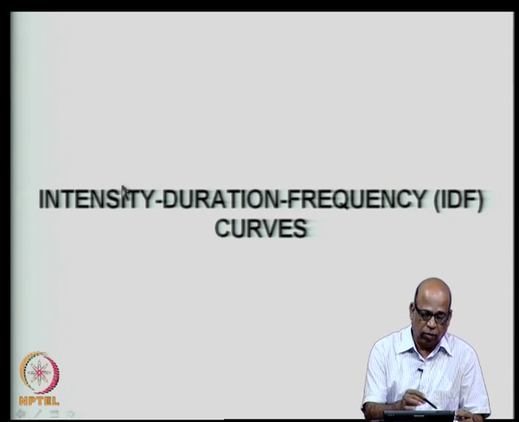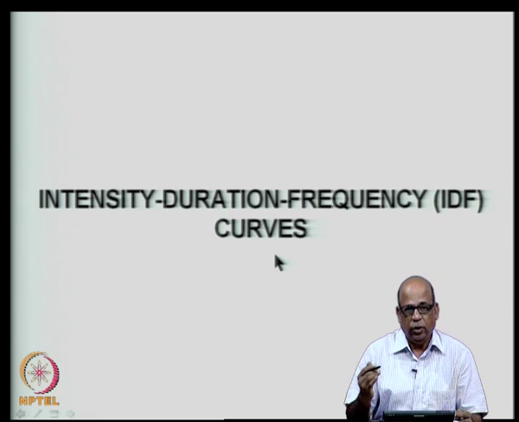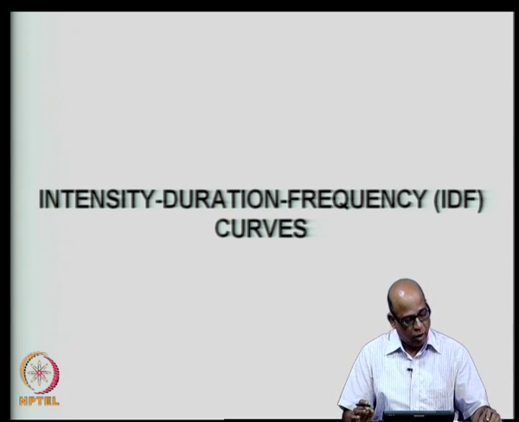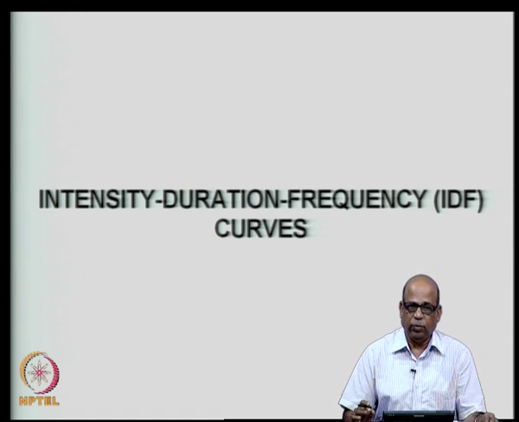So, we need to develop for a given location the IDF relationships and use them as inputs to your hydrologic designs. We will see today how to construct the IDF relationships based on the data, and also use some empirical relationships which are derived for various regions, and we will specifically look at the regions within the country.